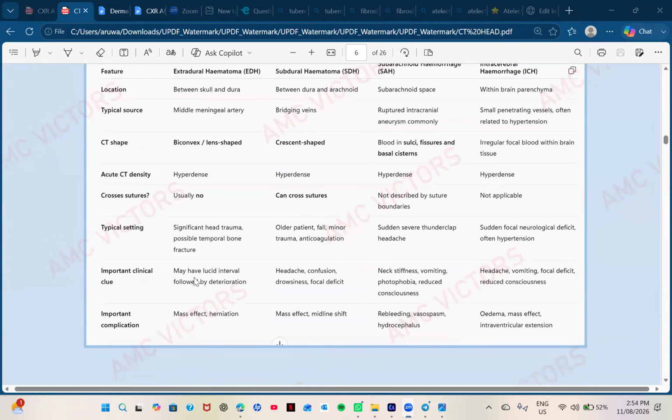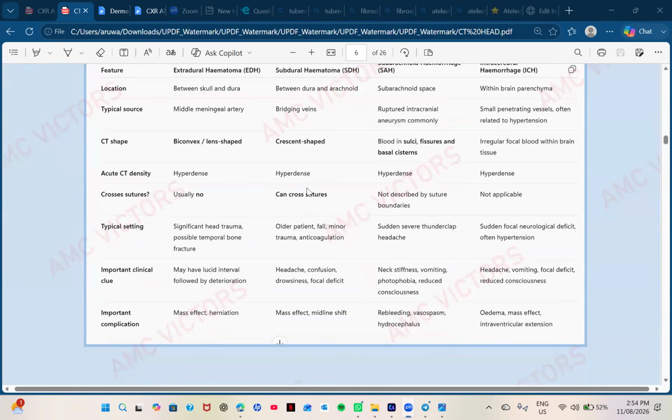And what is the typical presentation in subdural hematoma, doctors? Tell me. What are the very important things you need to understand?